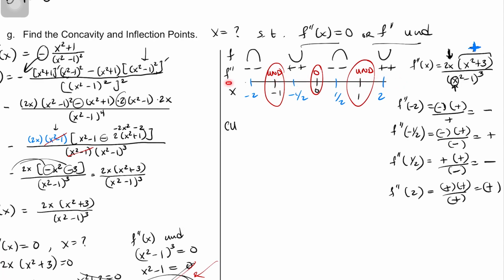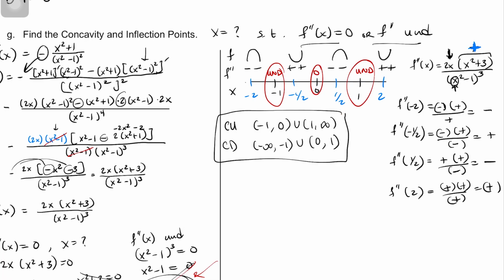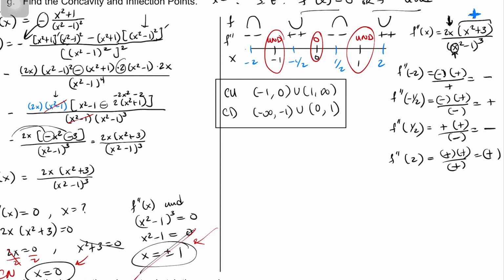It's concave down from -infinity to -1 and from 0 to 1. All right, that looks good. Perfect. Let's jump into the next part.